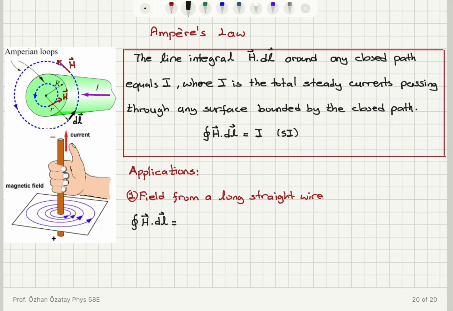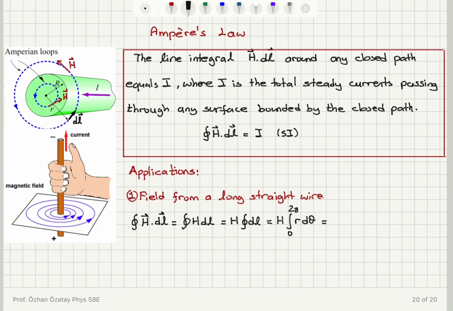Now we know that the magnetic field is circulating around the wire, so this dot product will actually give us the product of H with dl. And if you consider the magnetic field is only a function of r, at a distance r from the center, it's a constant. So therefore we will see that it is H integral dl, which is H integral r d theta, where theta goes from 0 to 2 pi.